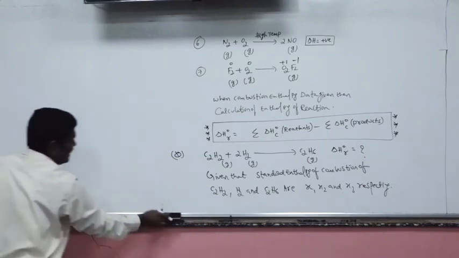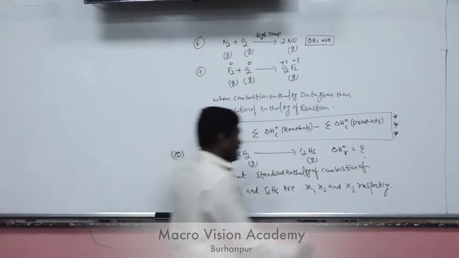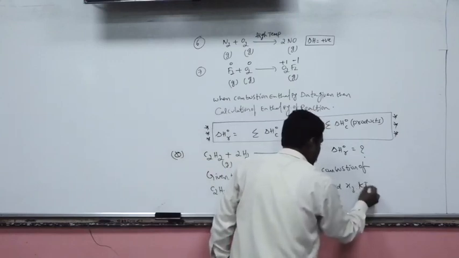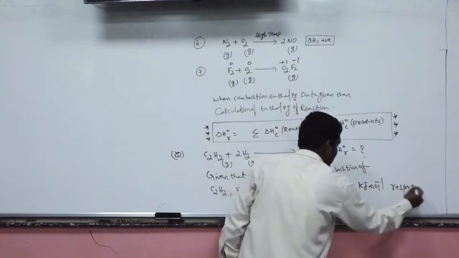What is the combustion enthalpy of acetylene? X1, X2, X3 kilojoule per mole respectively.